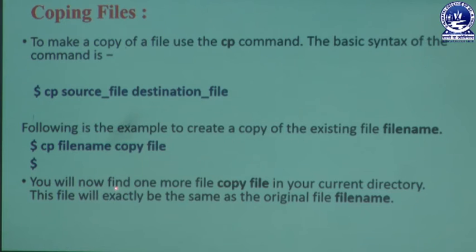But you will now find one more file, copy file, in your current directory. This file will be exactly the same as the original file. Its content and the original file's content should be equal, and if a user wants to change its name, there is no problem.